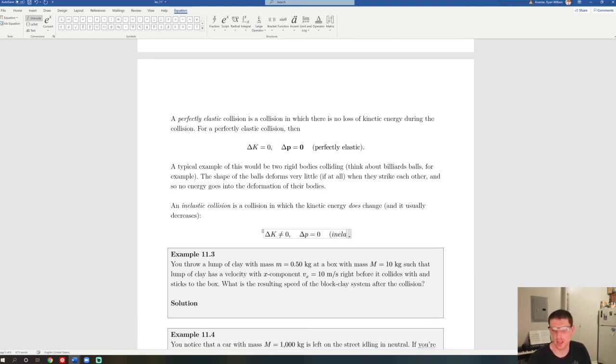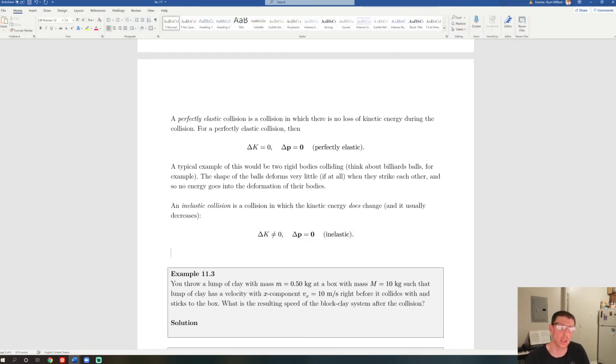And this is inelastic. Now, we will look at one more type of collision, which is really just a subtype of inelastic collisions. But you'll see that in essentially all the collisions that we think about, momentum is conserved.